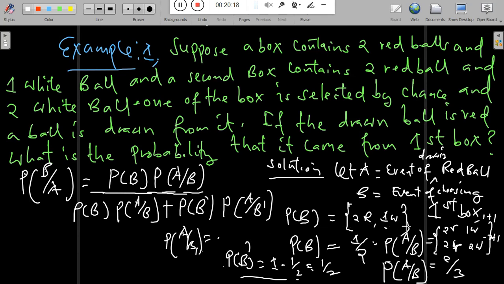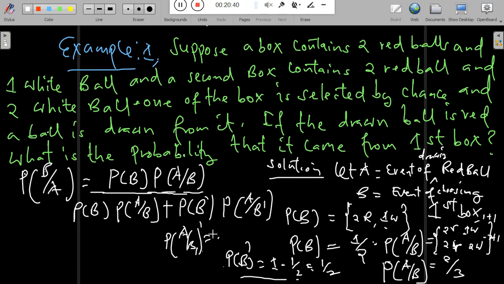Then we come to find the probability of A given B1. The probability of A given B1 is like saying we consider the event of drawing a red ball from the first box and the event of choosing the first box between the first and the second box.